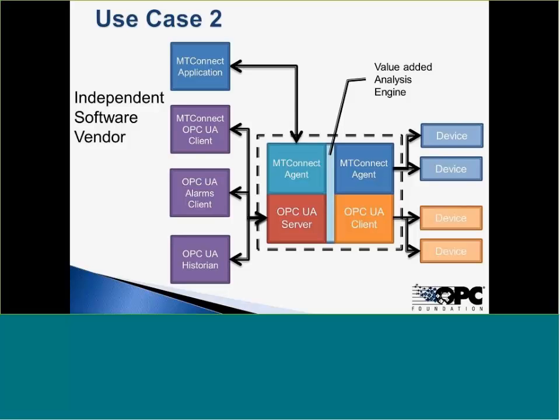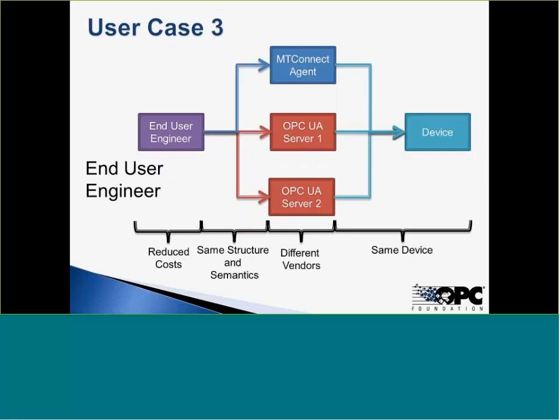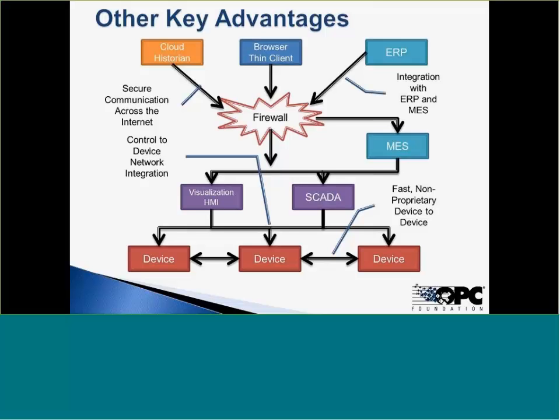They came up with a lot of things they wanted to do, from independent software vendors being able to communicate to a lot of these different devices using the MTConnect application and their objects and talking to the underlying devices in the machine building technology. Most importantly, they want to gather information and have it available in the cloud, including a lot of historical information.